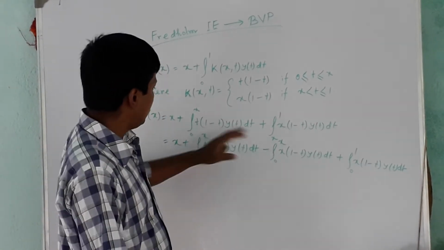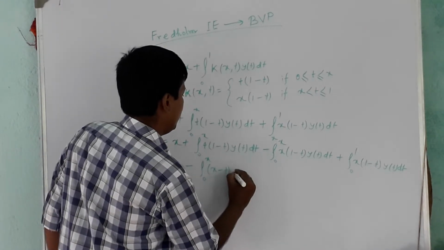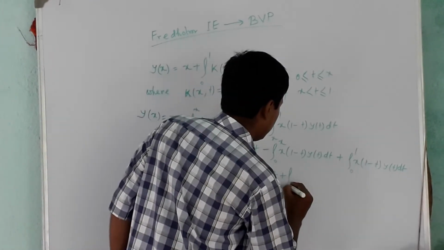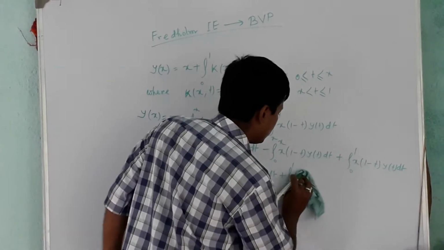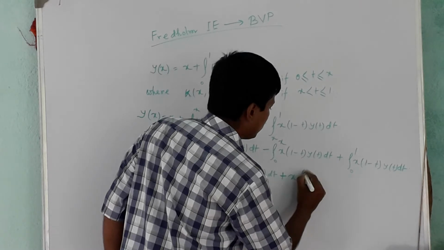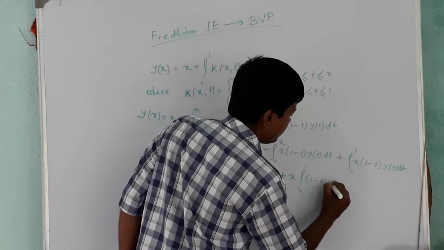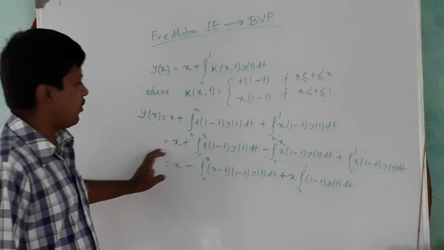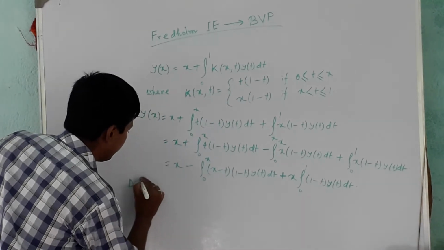After simplification we can write it as the integral from 0 to x of (t minus x)(1 minus t) y(t) dt, plus the integral from 0 to 1 of x(1 minus t) y(t) dt. Since x is treated as a constant with respect to the integrator t, we can take x outside of the integration. Now it is our well-known form.